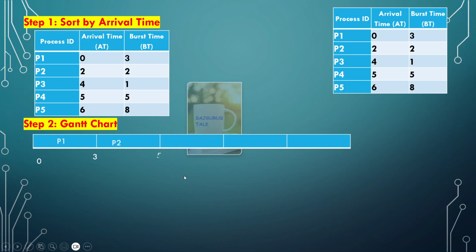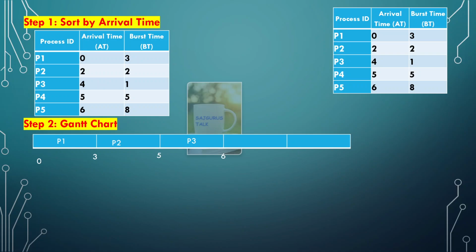So 3 plus 2 is 5. P3 actually arrived at 4 milliseconds but must wait for P2 to finish. So P3 starts execution at 5 milliseconds and executes for 1 millisecond. So 5 plus 1 is 6.